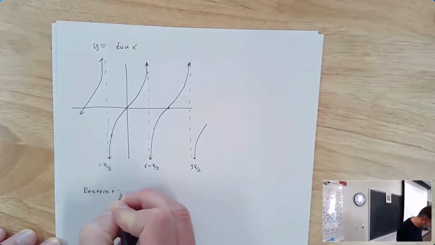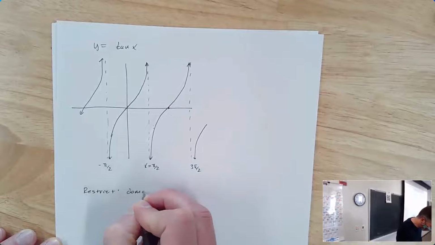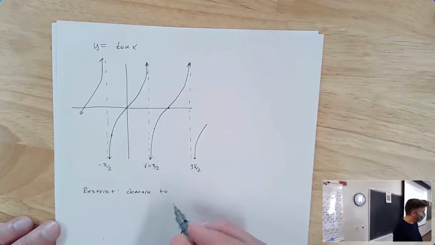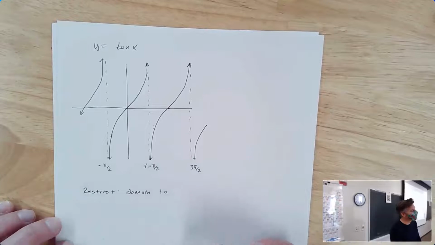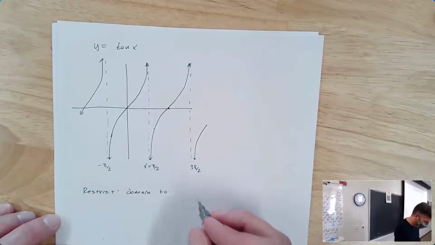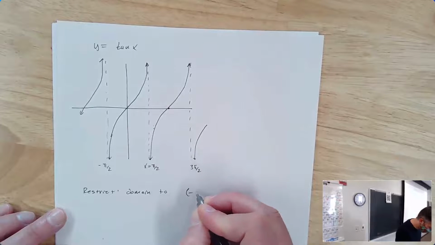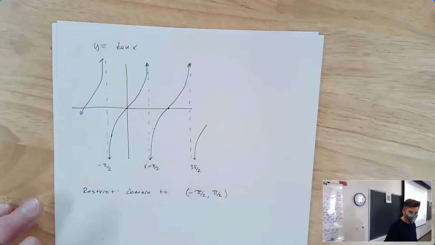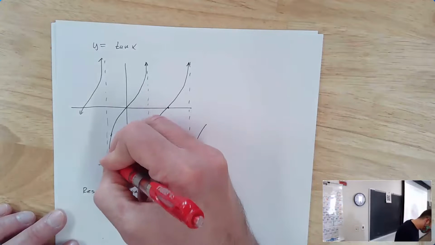Well, the nice thing here is that it's virtually the same as the choice for sine. We're going to pick from -pi/2 to pi/2, except we can't include the ends because it's not defined there. So we're going to restrict the domain from -pi/2 to pi/2. So we're going to get this nice piece right here in the middle.